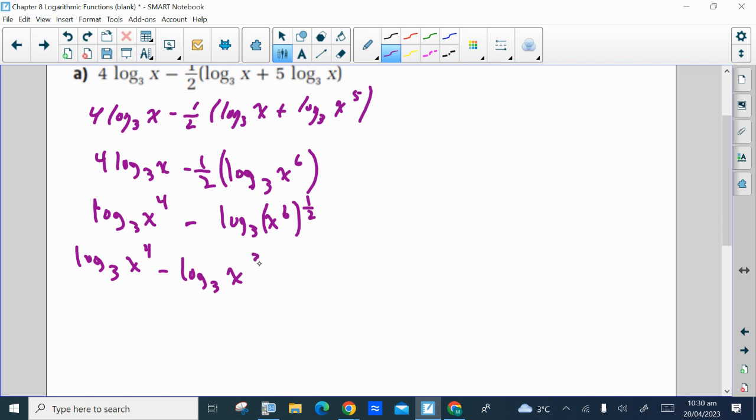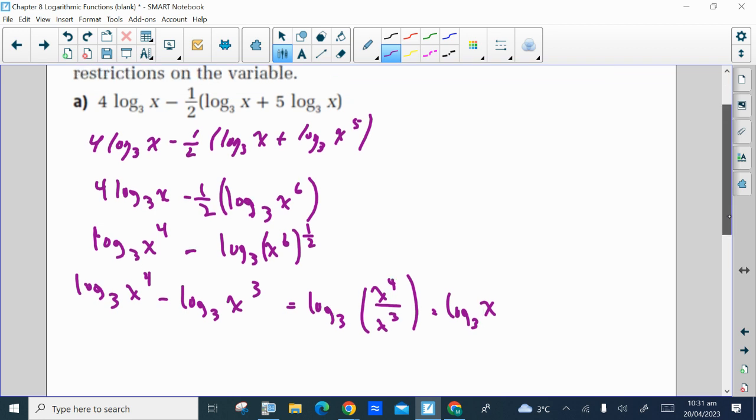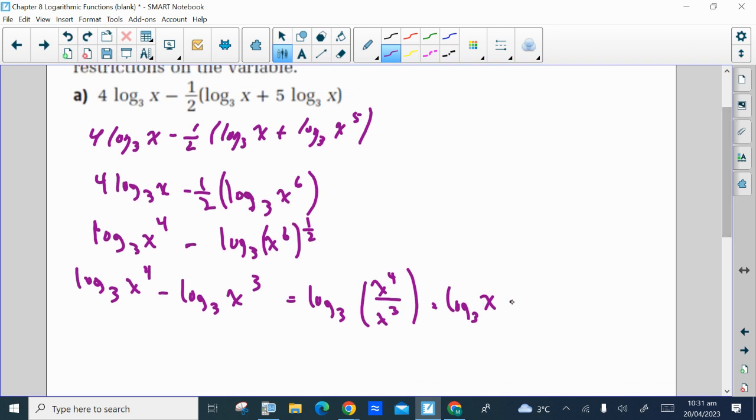Six times 1/2 is 3. And now you're subtracting logs with the same base, so you use the quotient law. It'll be log base 3 of x to the 4th over x cubed, or log base 3 of x. Because when you're dividing powers, you subtract the exponents, keep the base the same. All of the arguments here are just x, so a restriction would be that x must be greater than 0.